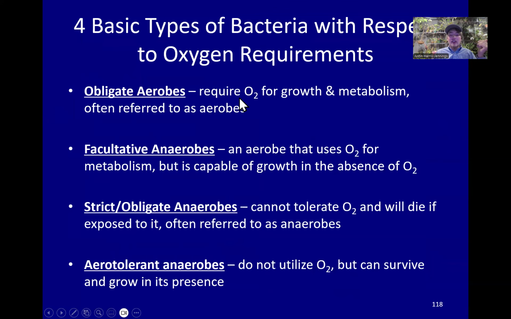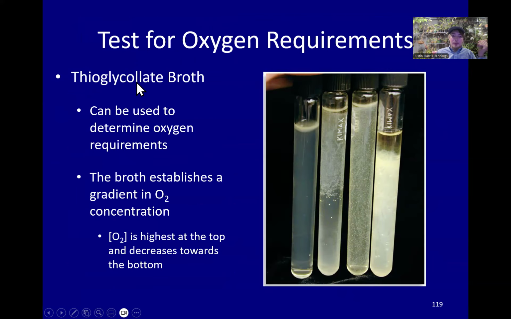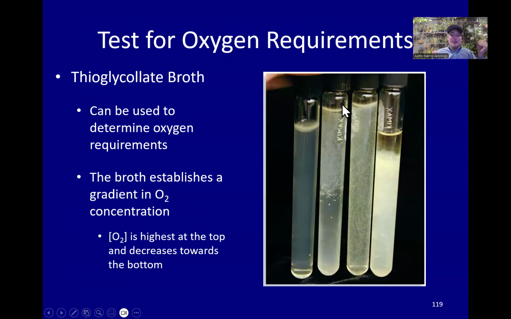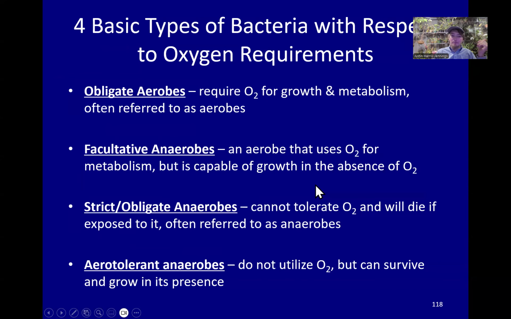And so it can only grow where there's an abundance of oxygen. So it's obligated. It's an obligate aerobe. You then have this tube here, which has bacteria kind of halfway. And so it can survive in oxygen and slightly in less oxygen.